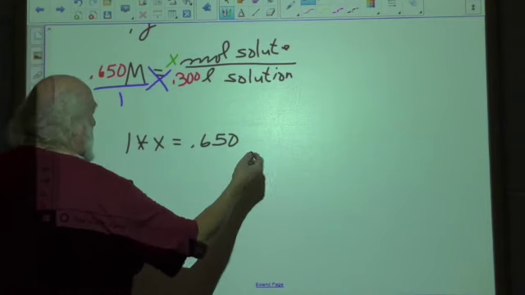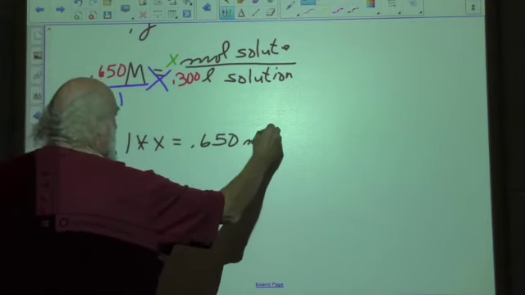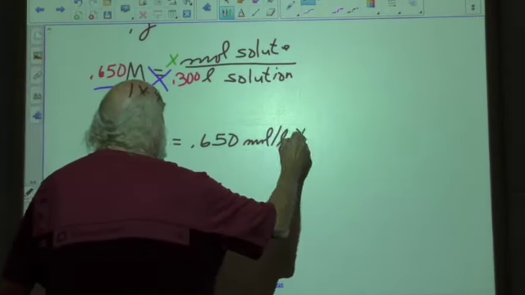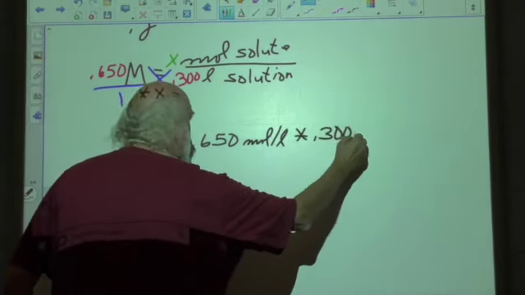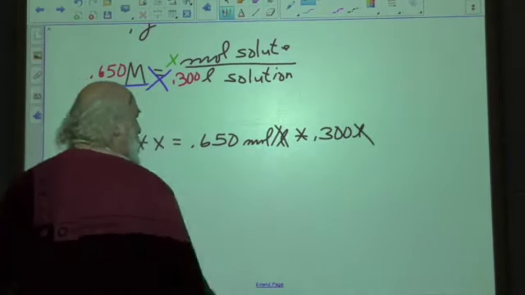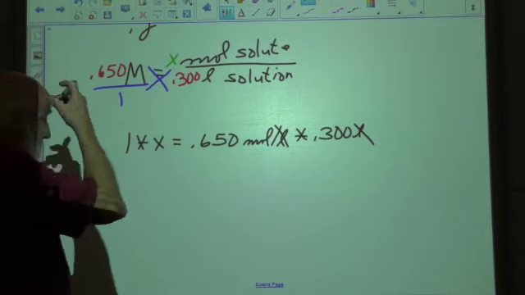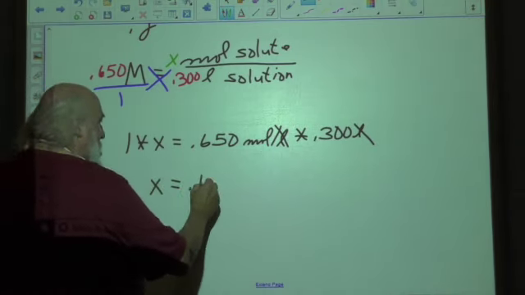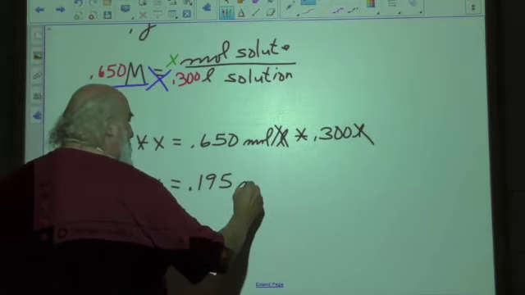And now I am going to write moles over liters because I'm going to have some cancellation going on here, times 0.300 liters. And the liters are going to cancel out, so that is going to leave me moles. And 1 times x is x, so x is going to equal 0.195 moles.